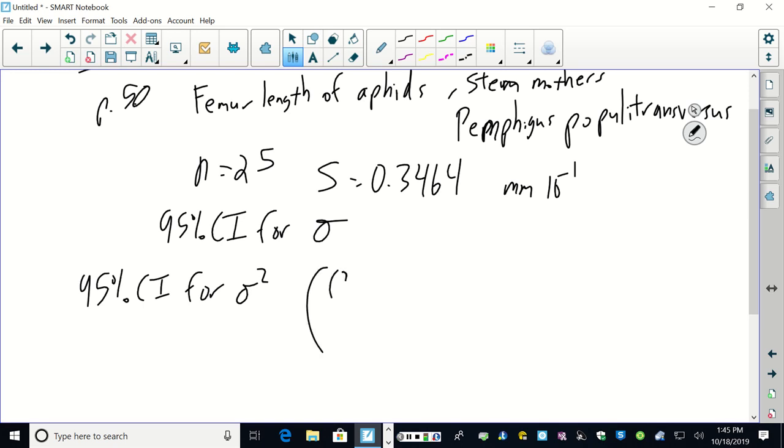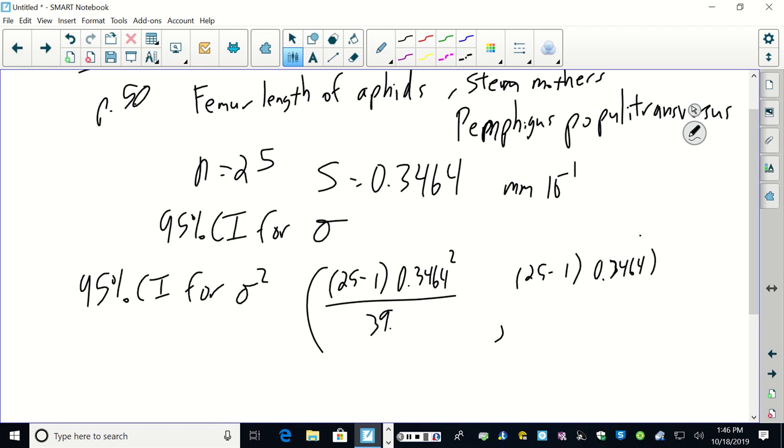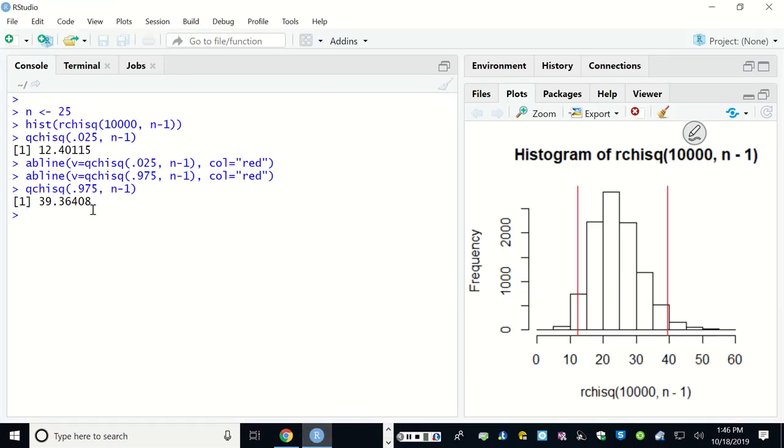So we'd have 25 minus 1 times the 0.3464 squared, divided by a chi-square value, this was 39 something, and 25 minus 1 times the 0.3464 squared, divided by this one, which was 12.4, the cutoff values from R. So in R, here's our cutoff value, 39.4, 12.4.